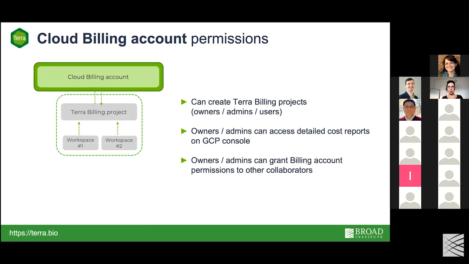Owners and admins can access those detailed cost reports on GCP console, and owners and admins can grant billing account permission to other collaborators. So the billing roles determine who can create and manage resources. At the top level, it's who can create and manage the resources below.